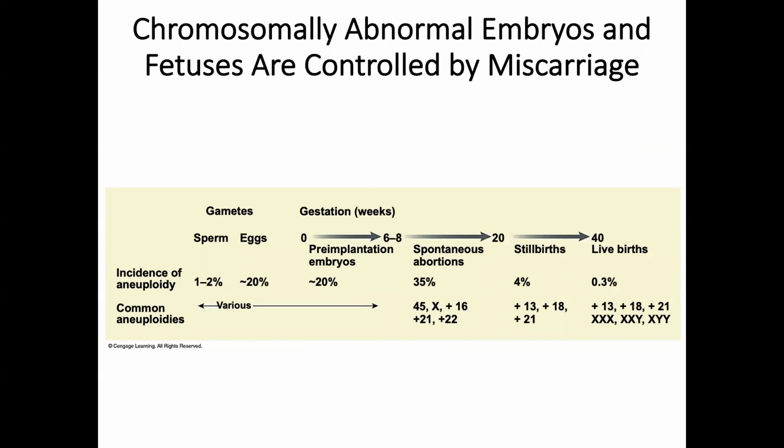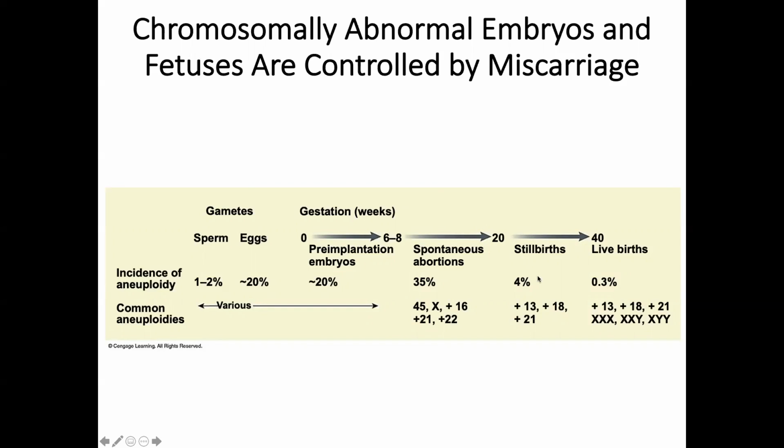The frequency of aneuploidy changes dramatically over developmental time. Between 6 to 8 weeks and 20 weeks, you can see here about 35% of spontaneous abortions are aneuploidy. At around 20 weeks, the frequency falls by an order of magnitude to about 4% of stillbirths.